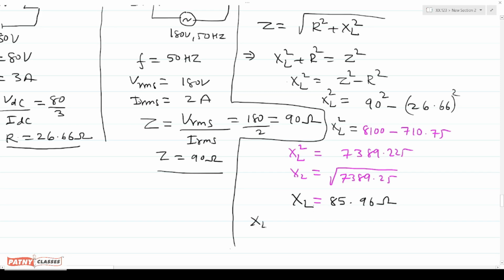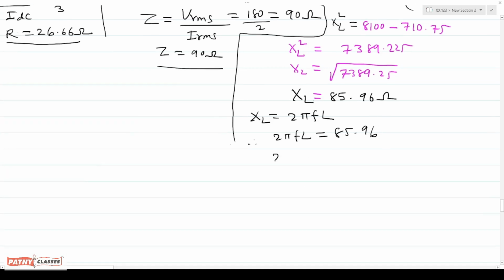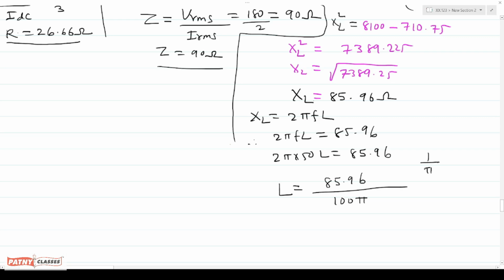We also know that XL equals 2 pi FL. Therefore 2 pi FL equals 85.96. Now putting in the value of frequency, 2 pi into 50 into L equals 85.96. So L equals 85.96 divided by 100 pi, and 1 upon pi equals 0.318.